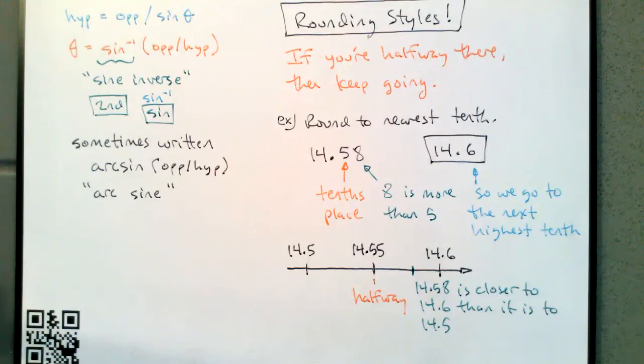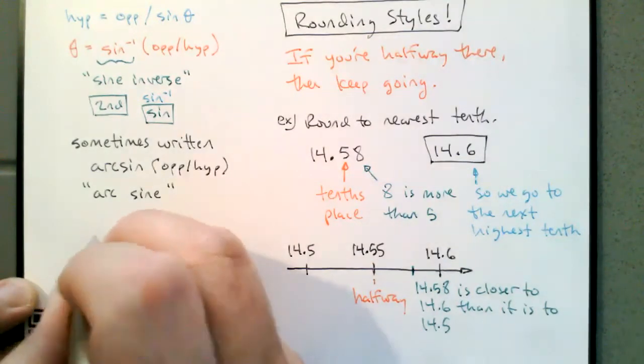We're making a decision between 14.5 and 14.6. If we wanted to round the number 14.51 to the nearest tenth, then we go back. We have not gone halfway.